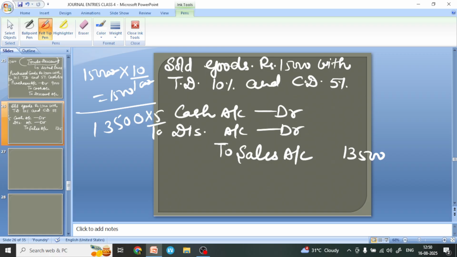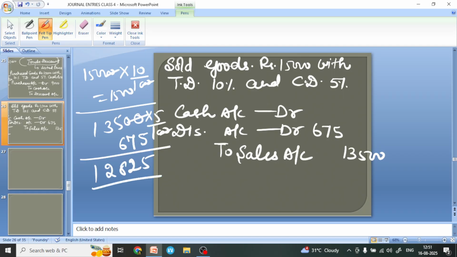Now find out the 5% cash discount. 5 fives are 25, 5 threes are 15 plus 2, 17, 5 ones are 5, plus 1, 6, 6 is 75. Subtracting: 10 minus 5, 5. 9 minus 7, 2. 14 minus 6, 8. 12,825 is your cash amount. Debit discount account 675 and to sales 13,500.